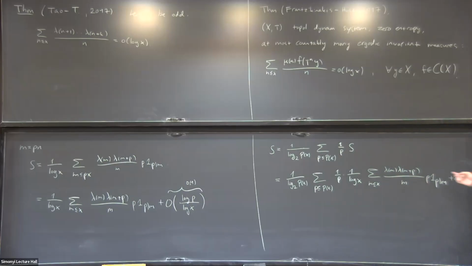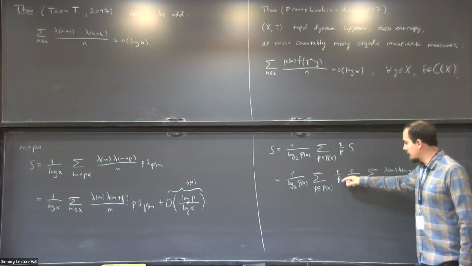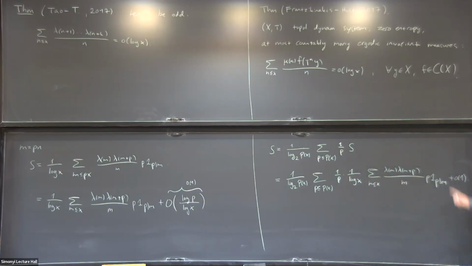Okay, so if we just sum over all the different primes up to Px with 1 over p weight and substitute the result we had before, we get this kind of expression.